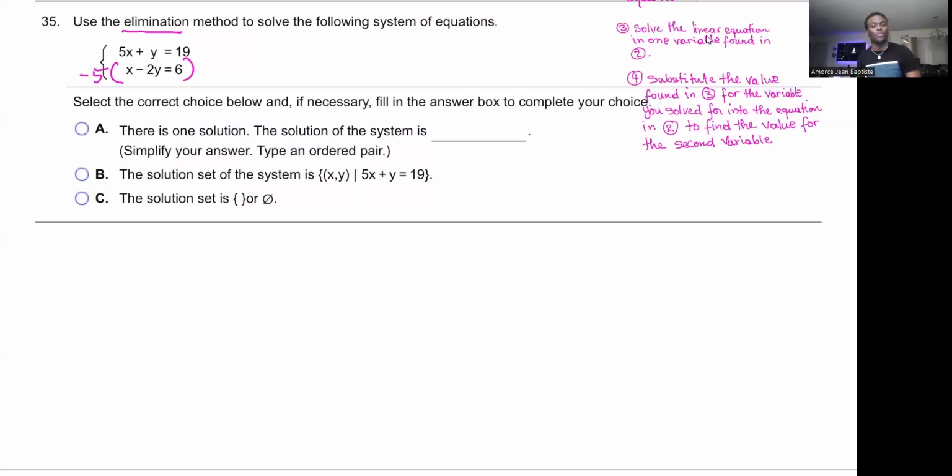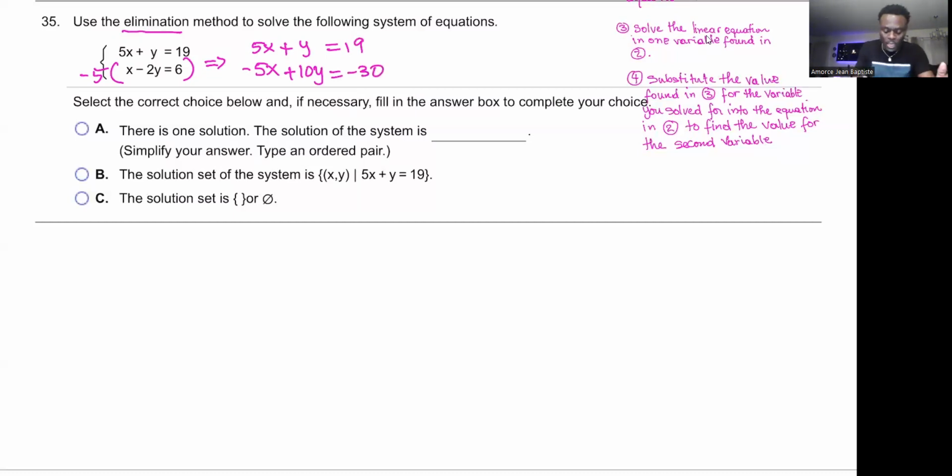My new system is an equivalent system, because multiplying the entire equation by this coefficient does not change the equation. So the first one remains 5x plus y equals 19. And then we multiply everything by negative 5, so that's negative 5x plus 10y equals negative 30.